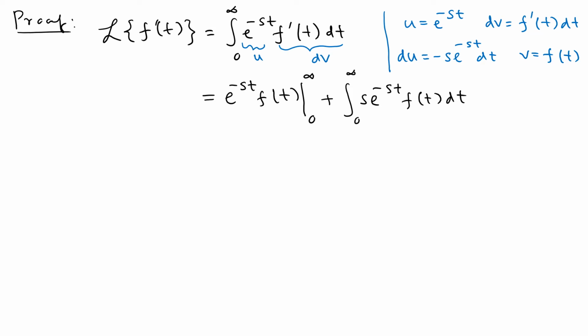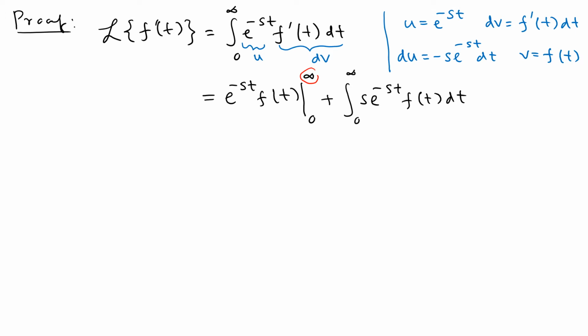Now we're going to think of the results. Because of the exponential order, when you look at the infinity limit, this has to go to 0, because that's one of the conditions. Because of exponential order, when t goes to infinity, the product goes to 0.